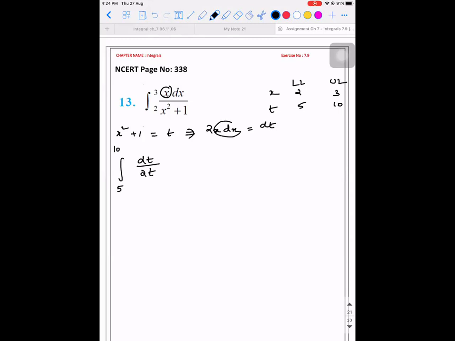Because x dx is nothing but dt divided by 2, and x square plus 1 is t. So it will be 1 by 2 into log of t between 5 to 10. So 1 by 2 into log 10 minus log 5, or you can say 1 by 2 log 2.